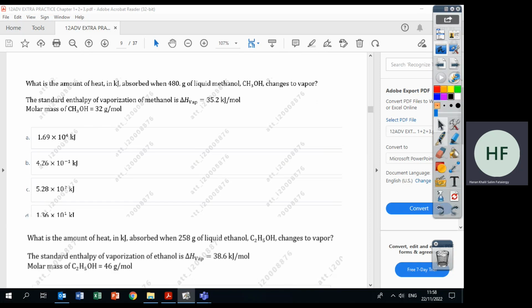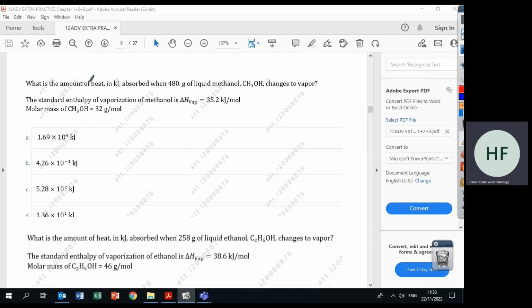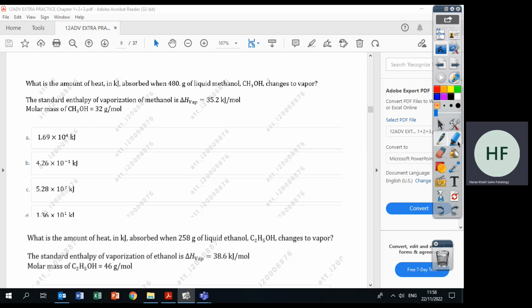Okay, now this question is a new idea. What is the amount of heat? So he wants the amount of heat absorbed when 480 grams of liquid methanol changes to vapor. Liquid changes to vapor. What do I call this process? This is called vaporization or evaporation. So he gives you the standard enthalpy of vaporization.